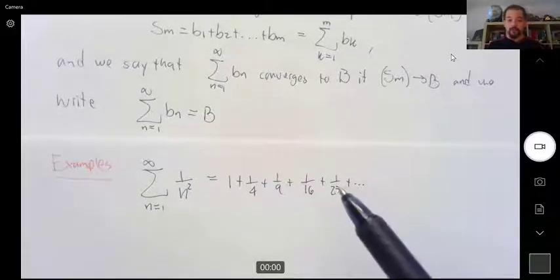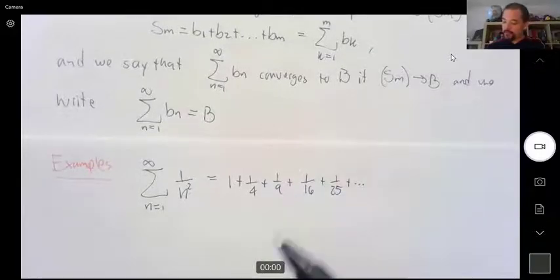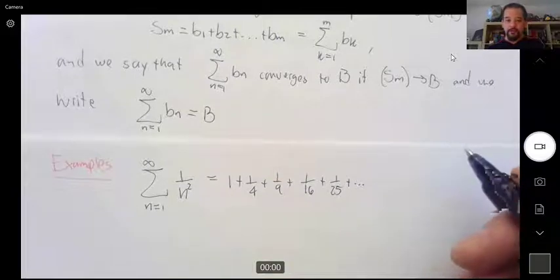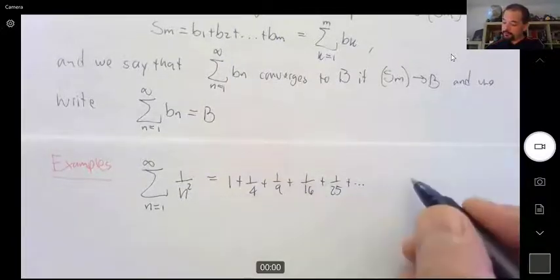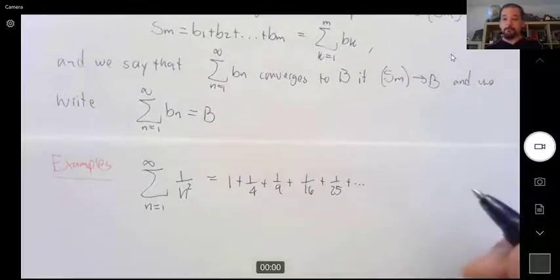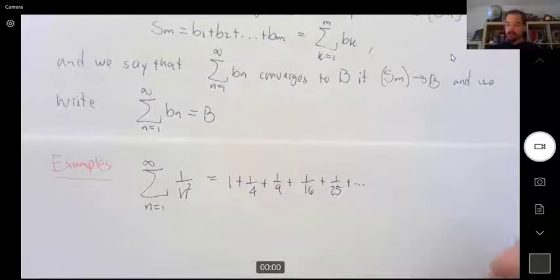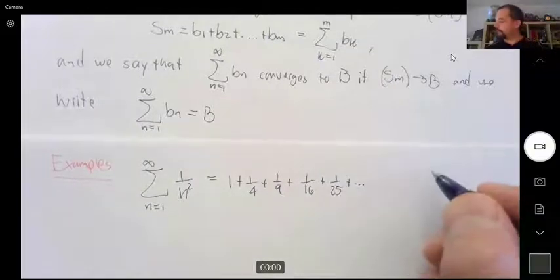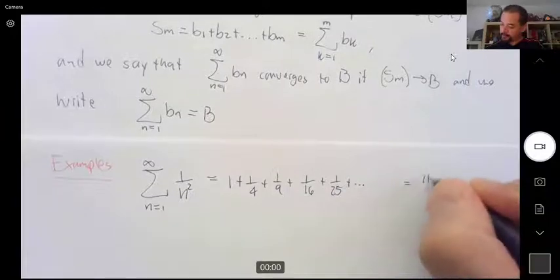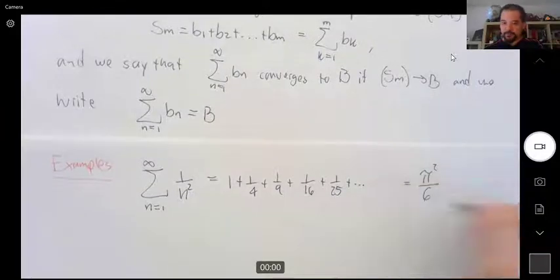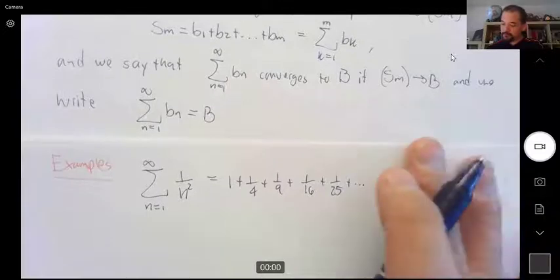This actually converges to, believe it or not, 6 over pi squared. Sorry, pi squared over 6. I don't know why I flipped it. Pi squared over 6 is the answer to this one.